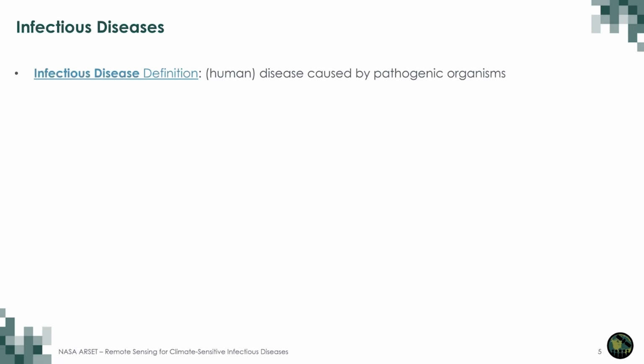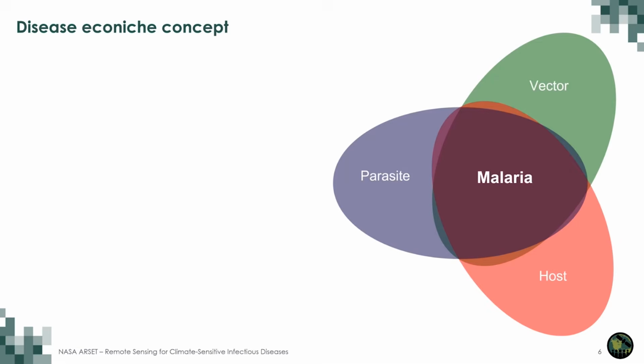So the idea when we're talking about infectious disease monitoring is that we are not monitoring the organisms by themselves, but we are monitoring something that we are going to refer to as disease eco-niche, which is an idea that we borrow from the fields of ecology and disease ecology. The disease eco-niche concept is not really a very widely accepted term yet.